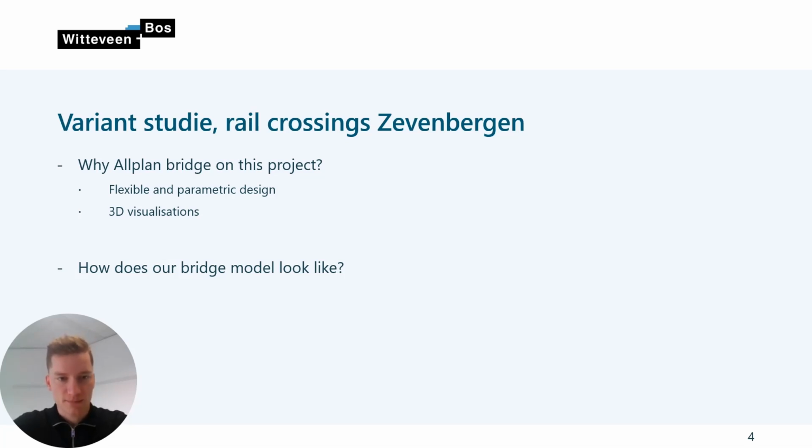Also, another positive point for Bridge was that a question from our client was that they wanted 3D visualizations of our preferred variant. The link with Appelman and Bridge made the consideration for Bridge or another software more easy. With the choice for Bridge came the positive side effect that we had the possibility to get more experience with Appelman Bridge.